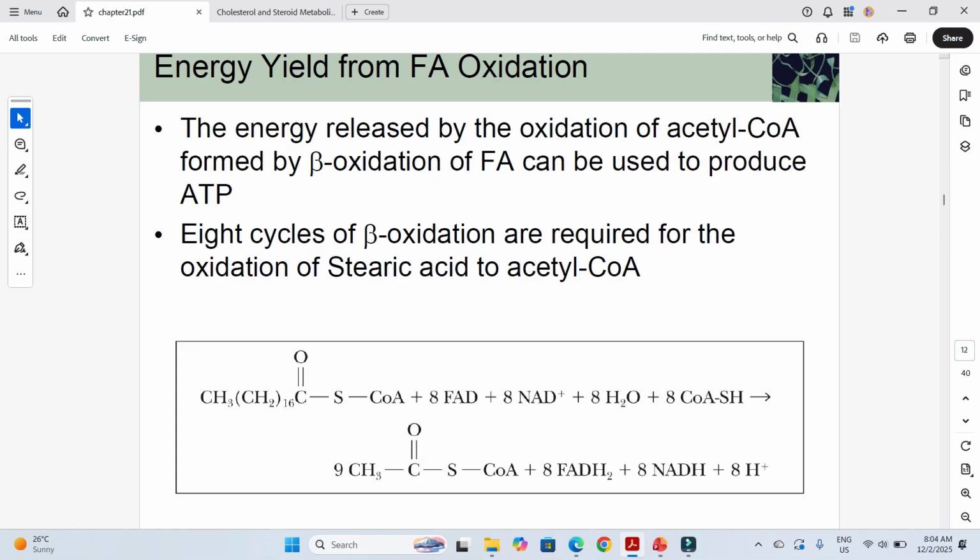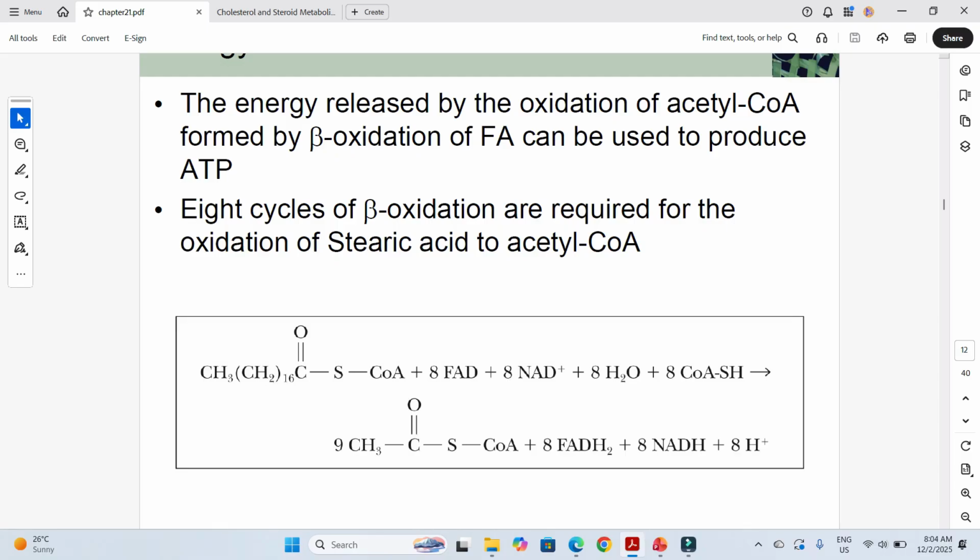Maybe I can write it here. So let's calculate now the number of ATP. You already know it before. Remember, we have 8 beta oxidation cycles. So we have 8 FADH2. And what is that equivalent to?